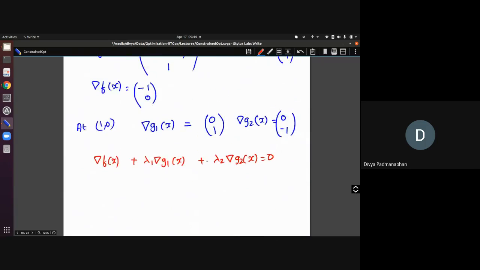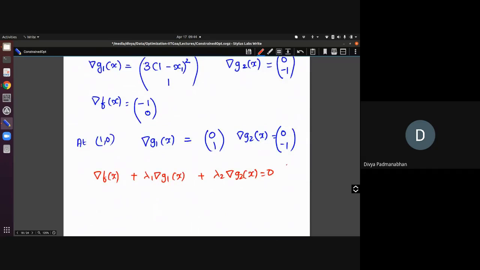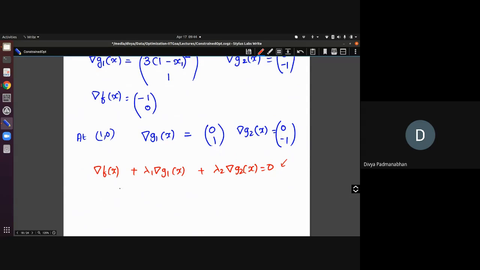So that's why the KKT condition boiled down to this. But can this be satisfied? That's the thing that goes wrong here. If the gradient of f is minus 1, 0, you want this to be expressed as minus lambda 1 times 0, 1 plus minus lambda 2 times 0, minus 1.